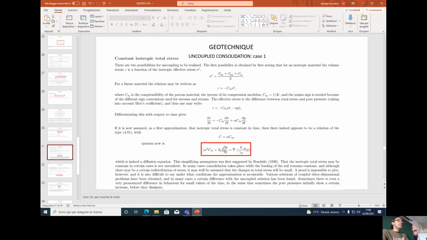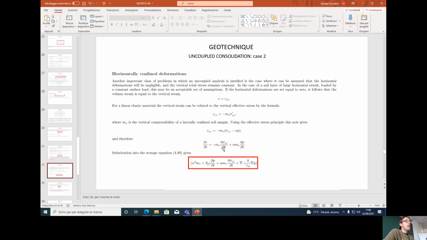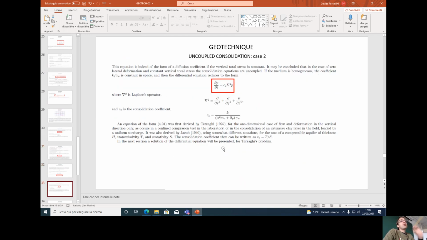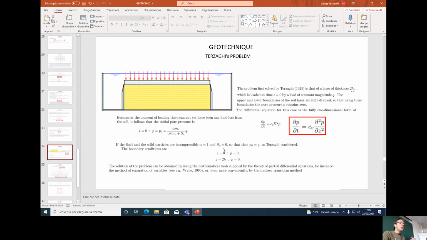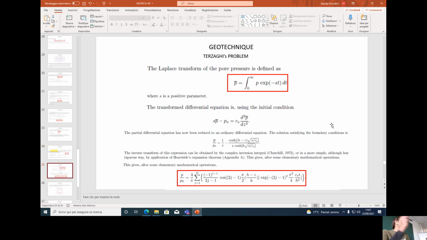And then, especially in case 2, we introduced another simplification that considers c_v as the consolidation coefficient. Here we introduce the final problem, and it's really, really important, and we will use it in our examples and exercises: the Terzaghi problem, where this formulation is defined in terms of pressure in time and pressure in space.